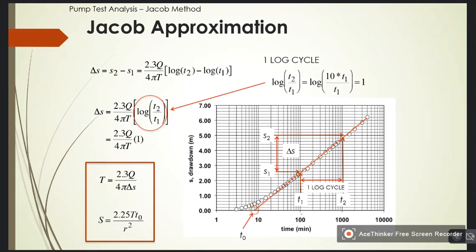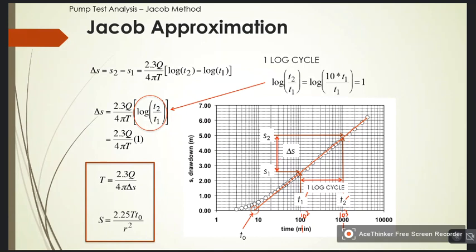This is 10 to the power of 2 and this is 10 to the power of 3. This is one log cycle. So you call this T1 and this T2, and this S1 and this S2.